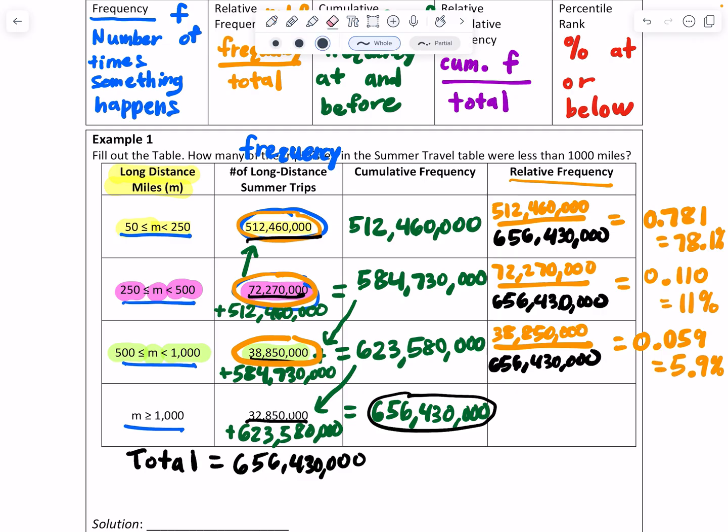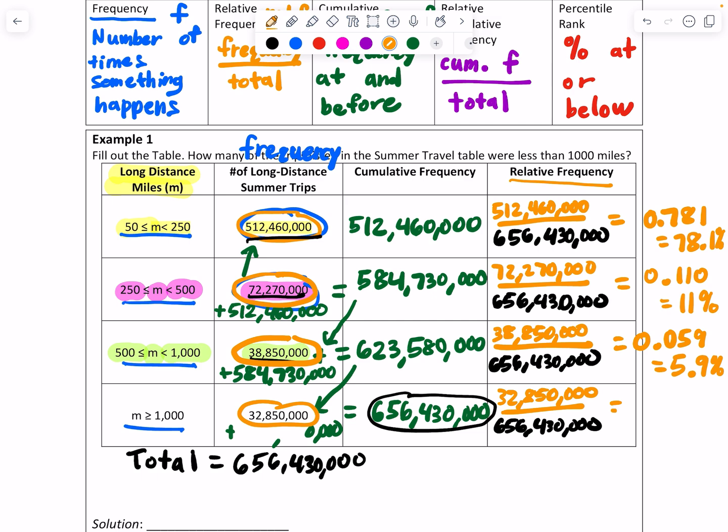Last one, take your frequency and divide it by your total. And that gives me 0.050, which would be 5%.